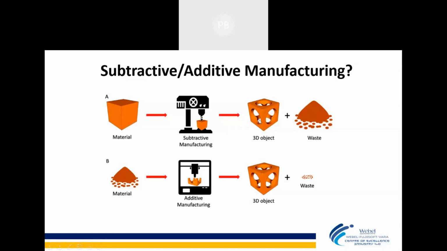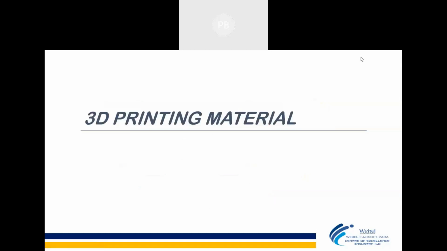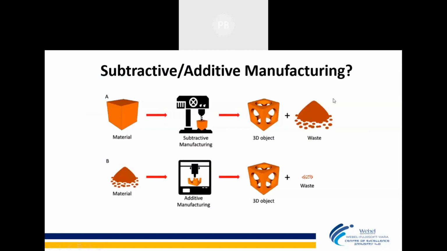In subtractive manufacturing, the wastage comes around 50 to 60%, in the form of chips, from the raw cutting part. So 50 to 60% is the wastage to get the desired product.